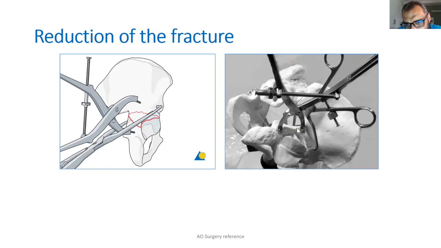So don't direct your screw so much anteriorly or so much posteriorly. It is just parallel to the ground above the joint in this direction, or a bit posteriorly so you catch the posterior edge of the greater sciatic notch.